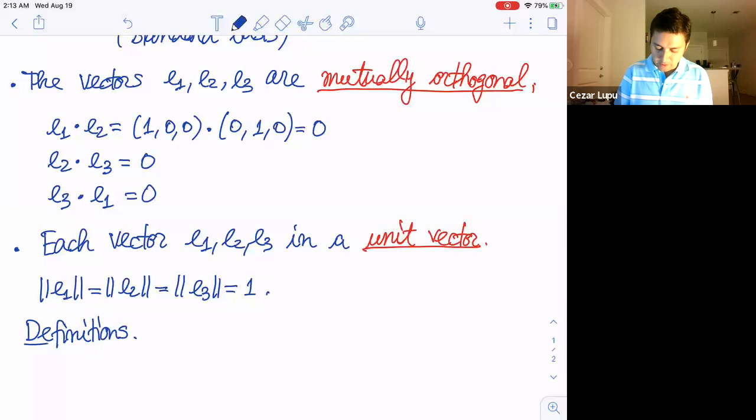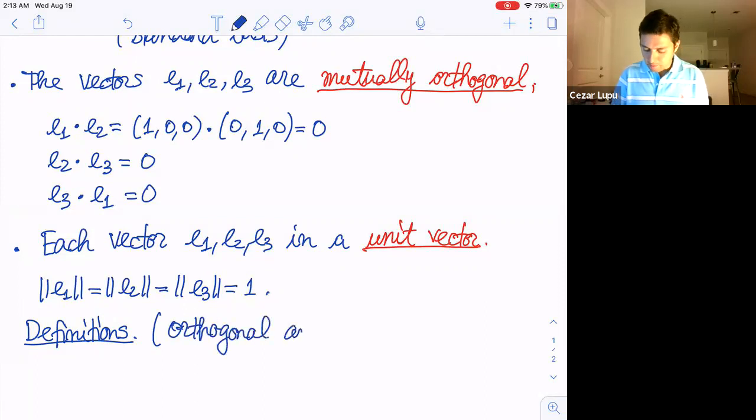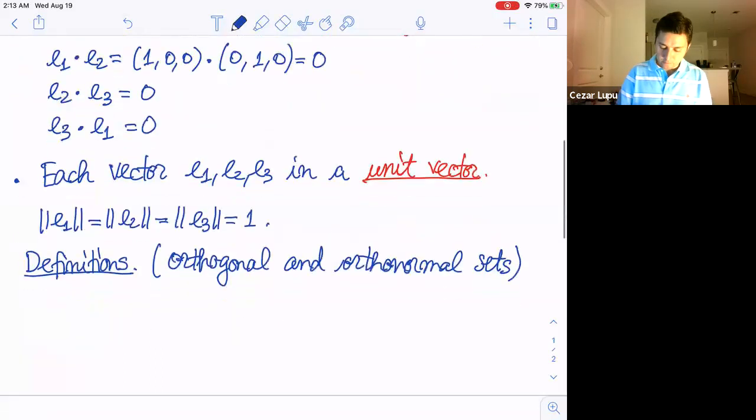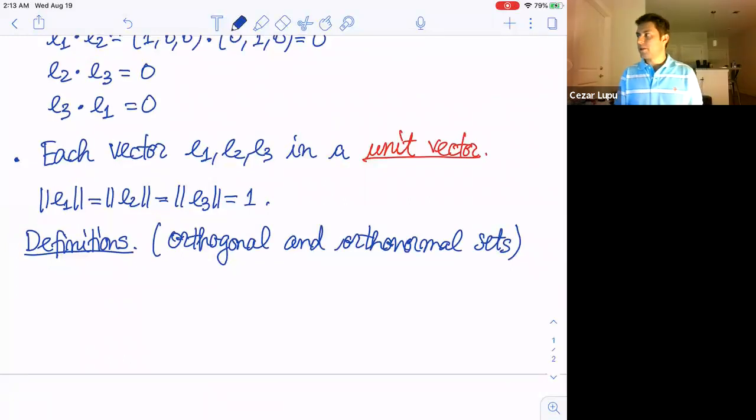Definitions. Okay, there will be 2 definitions here. This will involve orthogonal and orthonormal sets. We have the following definition.